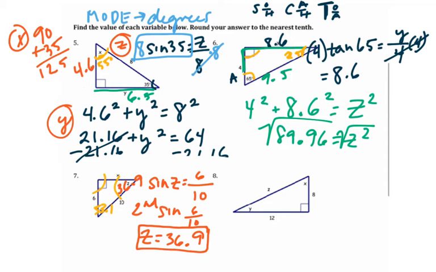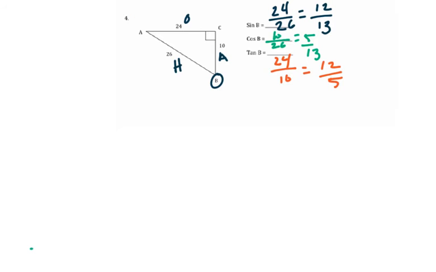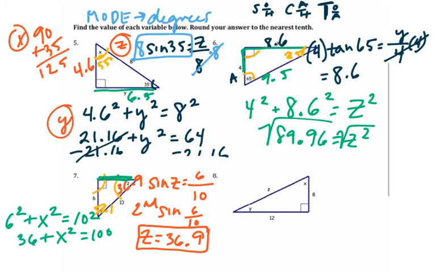To figure out my missing side length, I can use the Pythagorean theorem. So one leg squared plus the other leg squared equals the hypotenuse squared. 36 plus x squared equals 100. Oops, minus, stop.